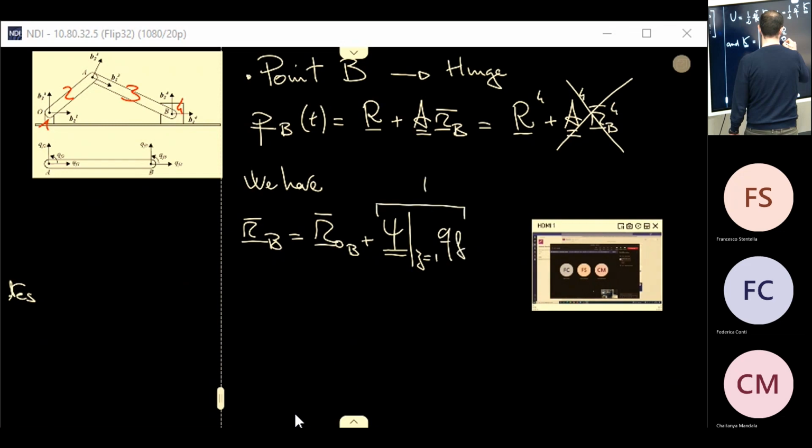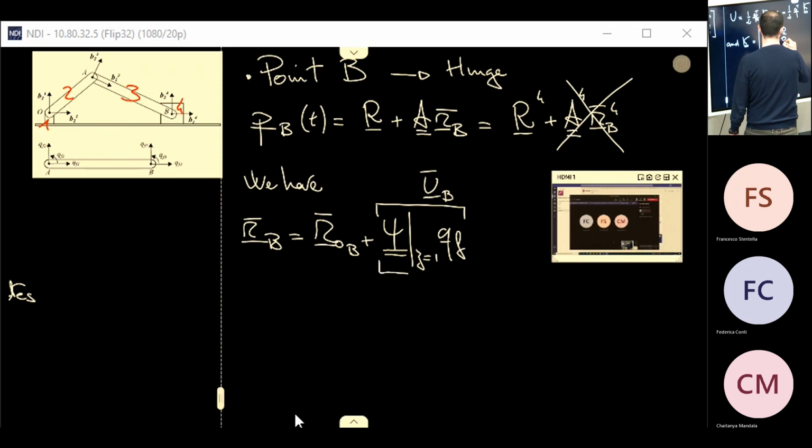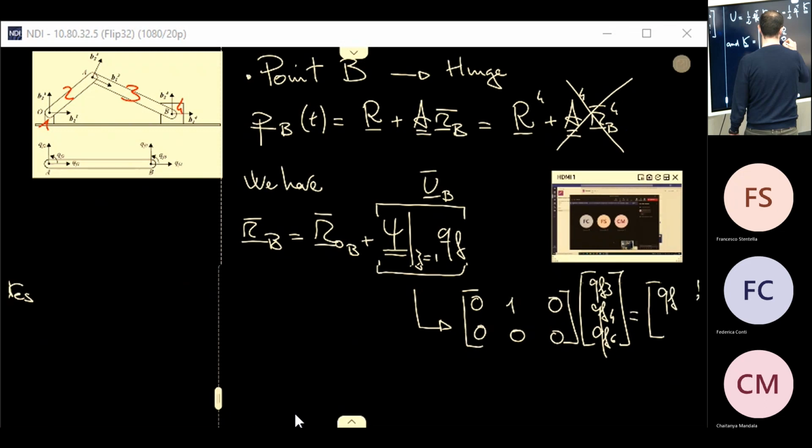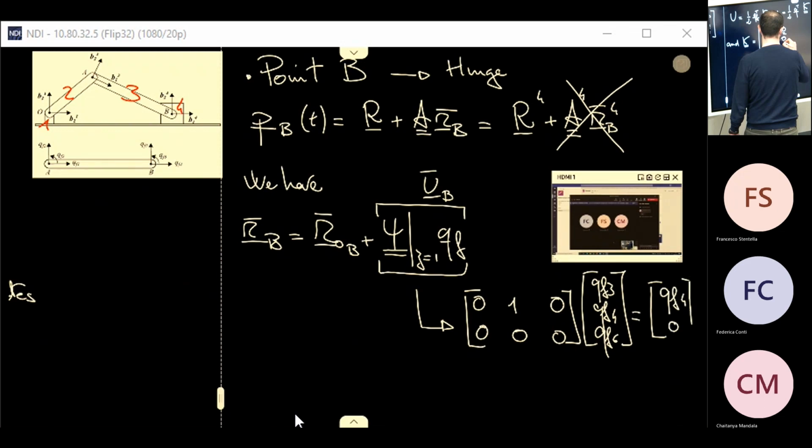And this is U B. Eventually you have that this can be written as 0, 1, 0, 0, 0, 0, because this is xi at point, this is a psi, the shape matrix at xi equal to 1, applied over 3, 4, 6, is equal to QF 4, 0. Okay.